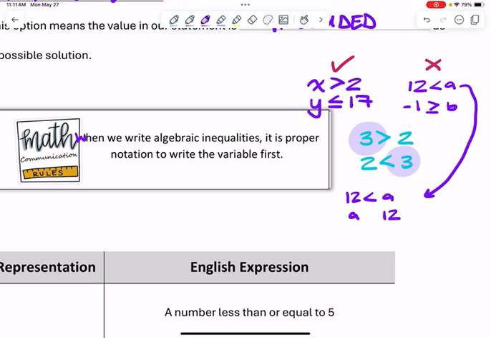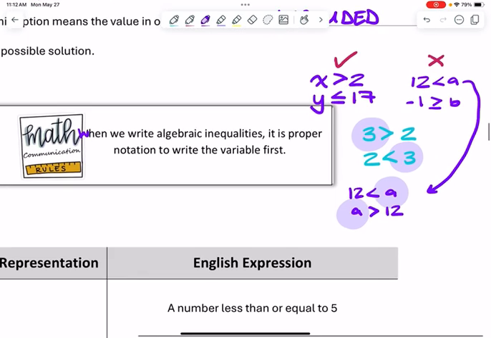And I would maintain that a had the bigger part of the inequality symbol up here. So a is going to have the exact same larger side of the inequality down here. So if I change the order, I need to change the direction of the symbol. And same idea, if I have -1 is greater than or equal to b, and I flip it, I need to change the direction of the inequality.